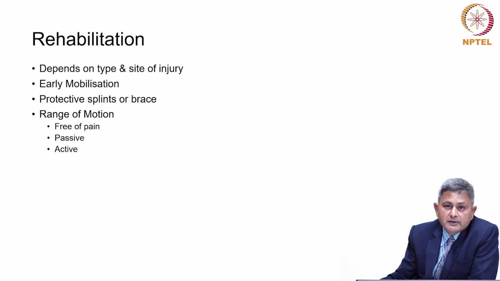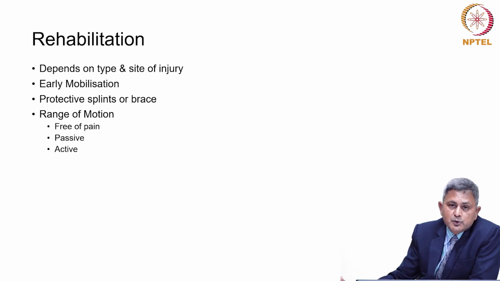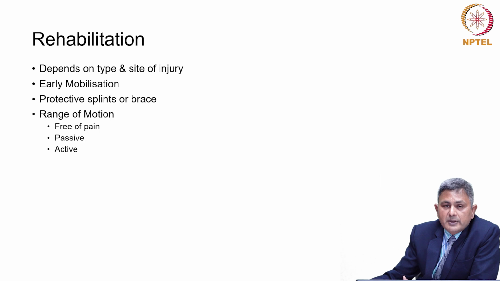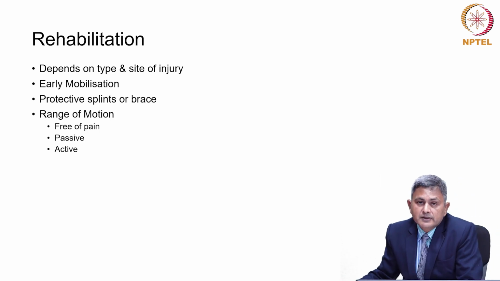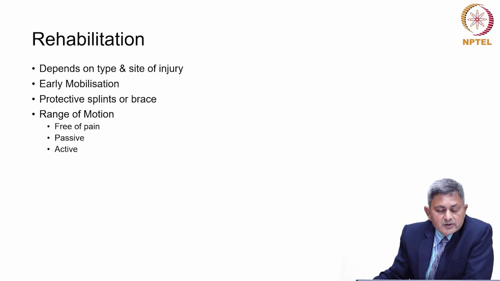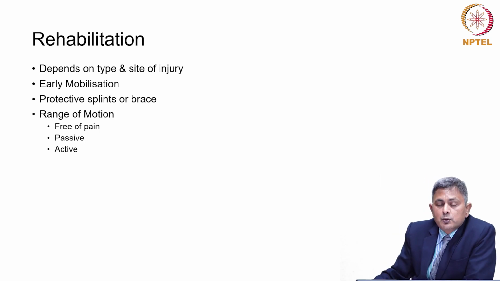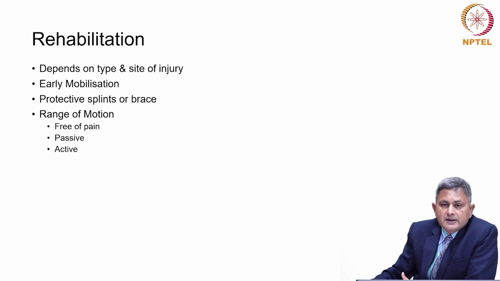Initially it is up to 30 degrees, then up to 60 degrees of flexion. As per the week's progress and your range of motion, that fixation is adjusted. These splints or braces give you confidence to walk properly and simultaneously activate your proprioceptive organs.